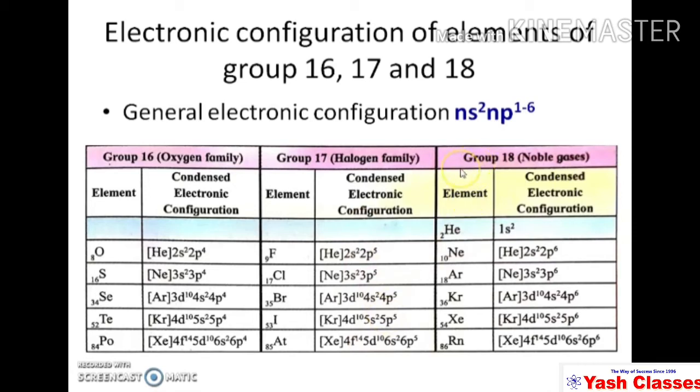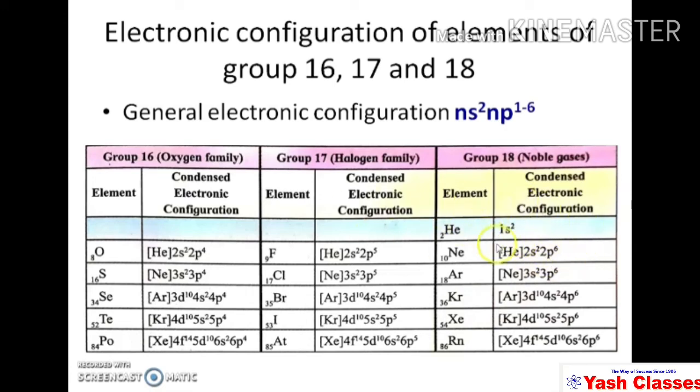In the case of group number 18 elements, that is the noble gases, the elements are helium, atomic number 2; neon, 10; argon, 18; krypton, 36; xenon, 54; and radon, 86. Their general configuration is ns2 np6. The s orbital as well as the p orbital is completely filled.